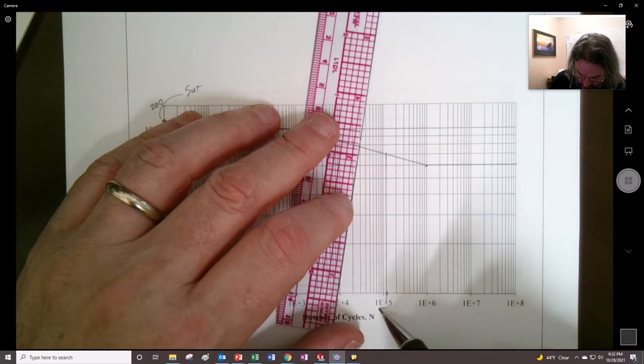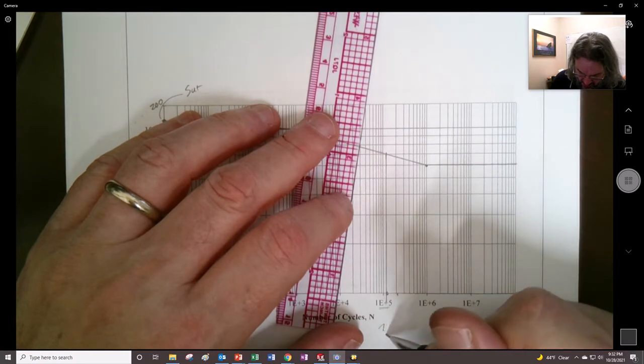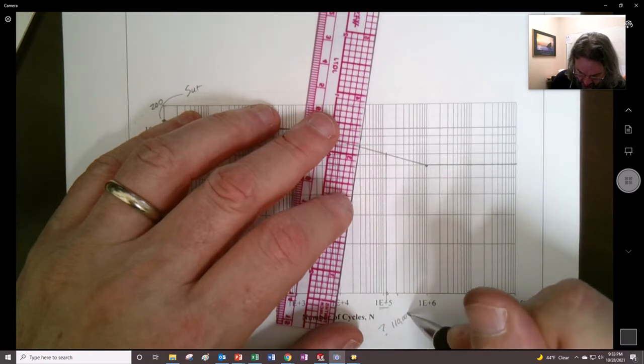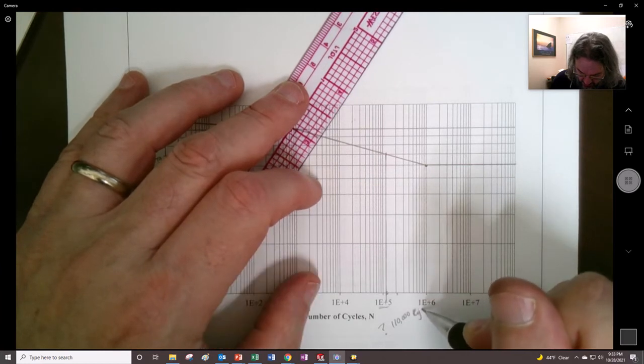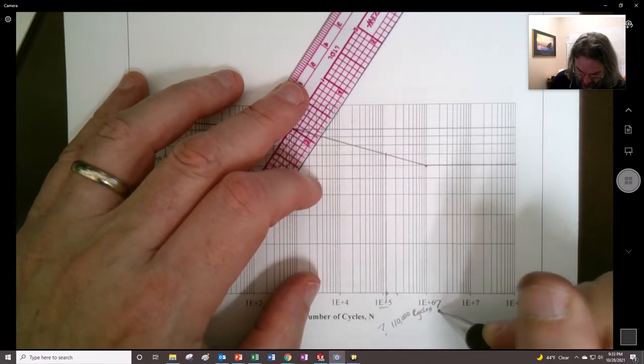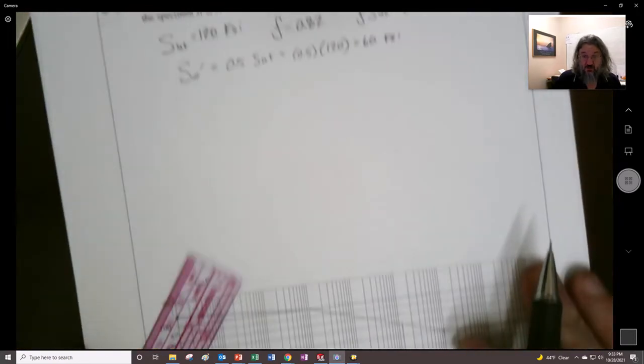There's 100,000, there's 200,000, so it's in the low 100,000s, maybe 110,000 cycles. But let's use the equations.